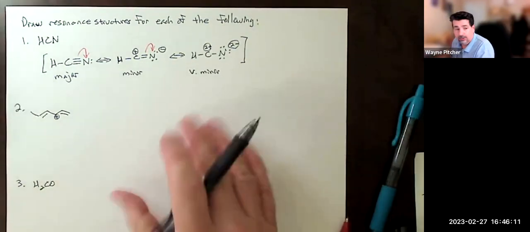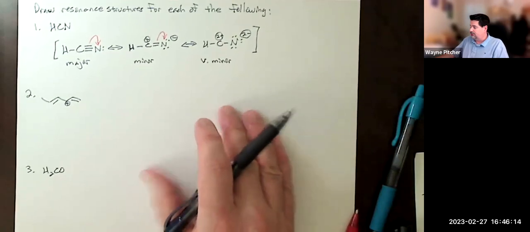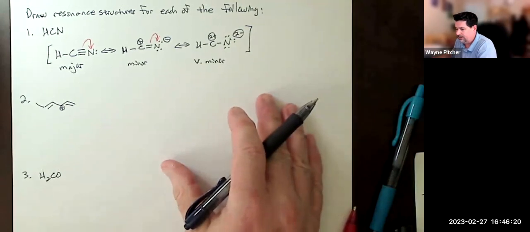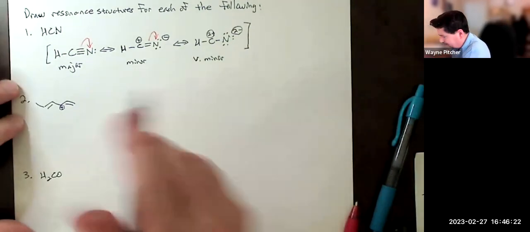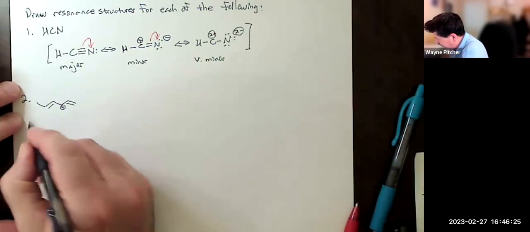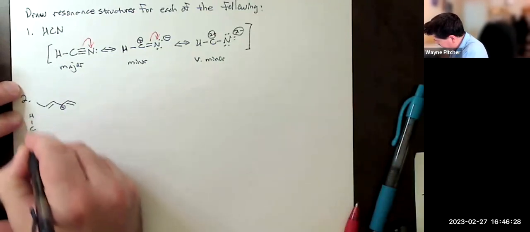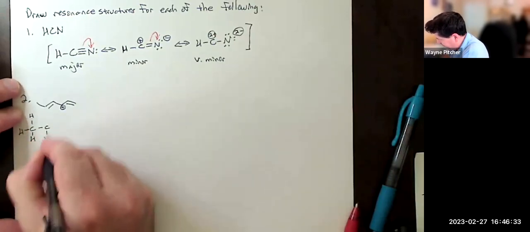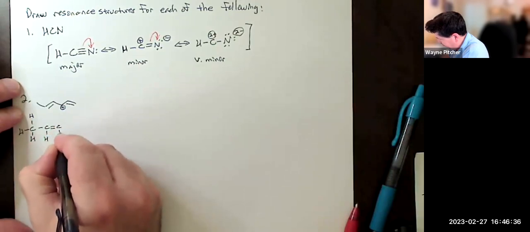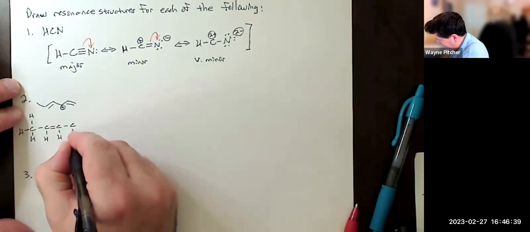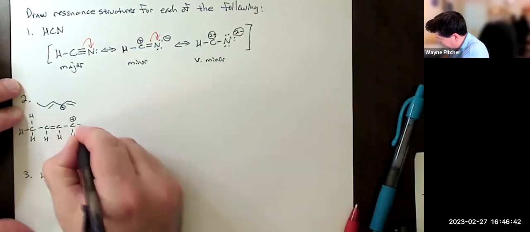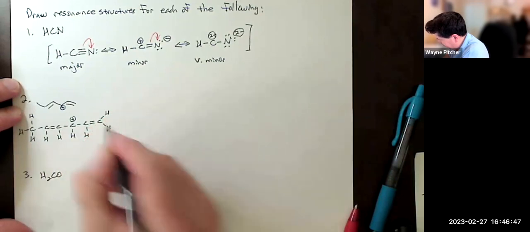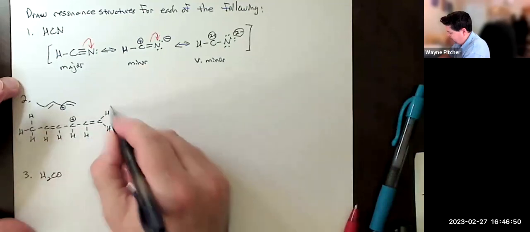Okay. So let's take a look at the next one here. And I've drawn the bond line structure. Let me actually draw out the Lewis structure here. Okay, so this is my Lewis structure.